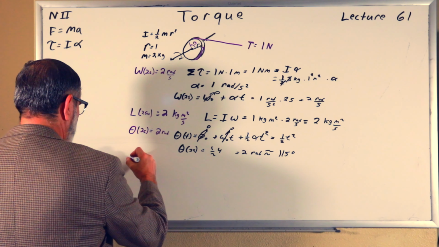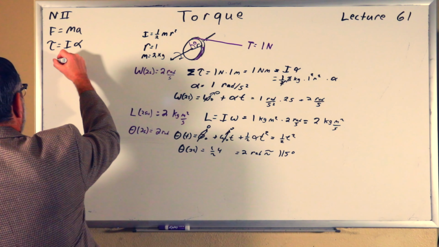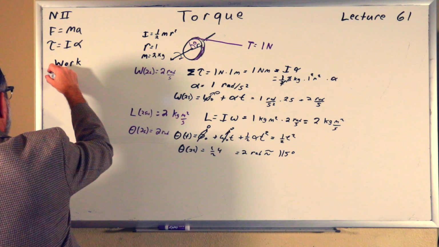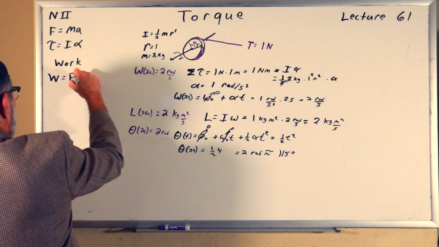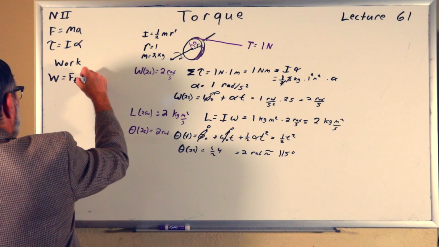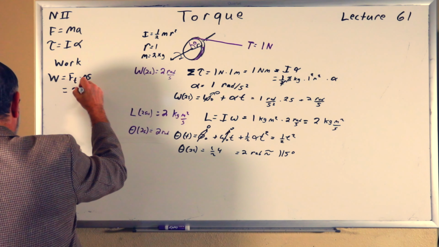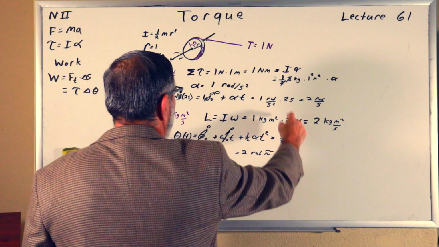What about work? I'll write over here, work. Work is equal to F, the tangential force, times some delta S, which must be equal to a torque times some delta theta. We already have the delta theta, and we already have the torque.